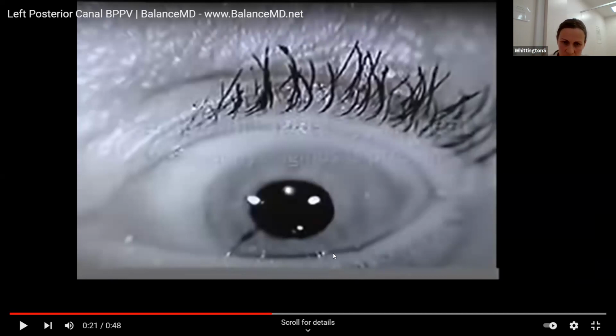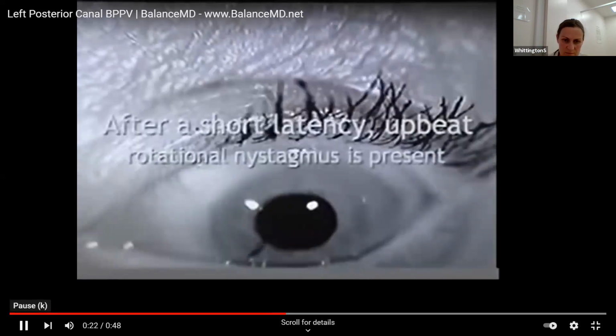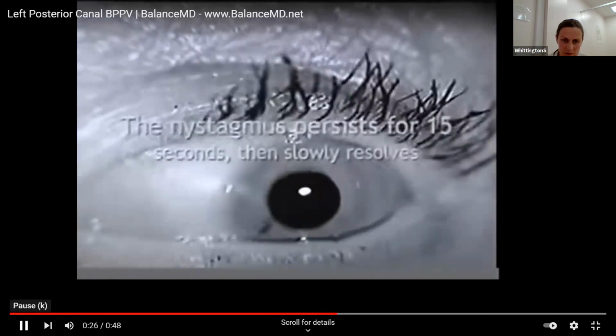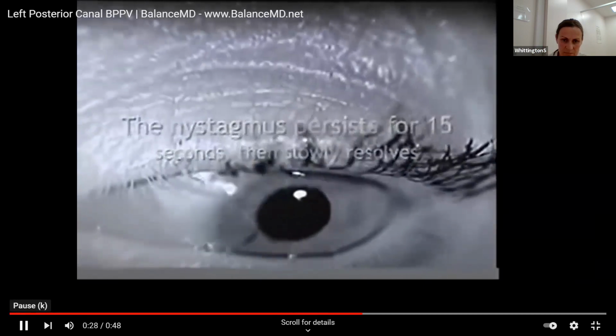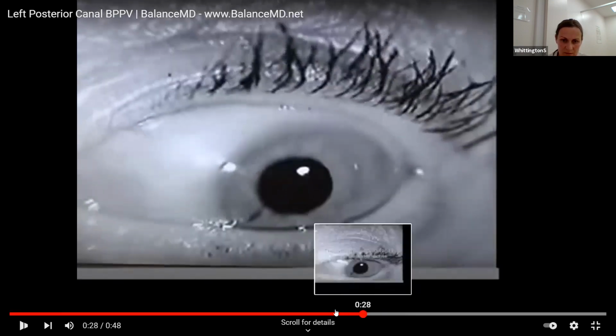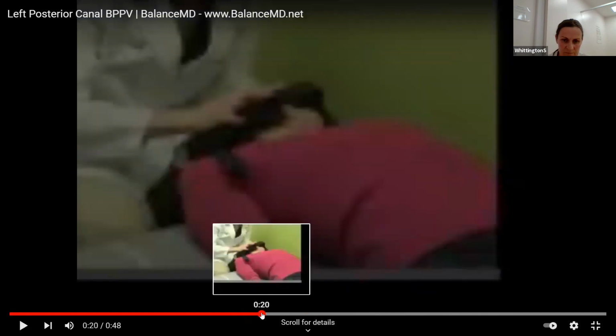It doesn't last very long, but you can see it. It's beating up towards the top lid, and it will have a fast and slow component. So I'm just going to turn this on now. Can you see how it beats to the upper lid? And then if you look at that little line, you can see that the eyeball is actually twisting. I'm going to take it back a little bit so you can see that again.